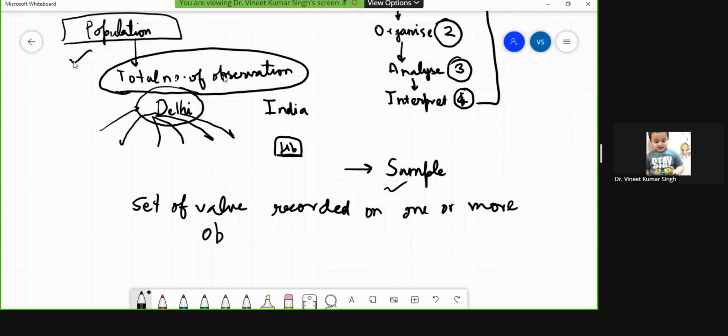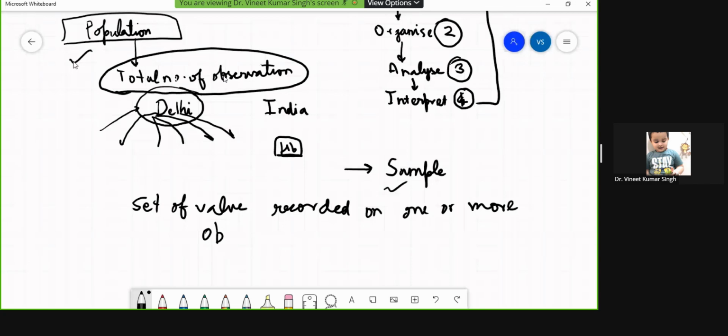Okay, so if you remember this definition of statistics, third is analyze and fourth is interpret. So in this case, this is analysis, which describes the data set, and this is to interpret the data set. Okay, fourth is to interpret the data set, which comes in inferential statistics. Now let's start with descriptive statistics first.